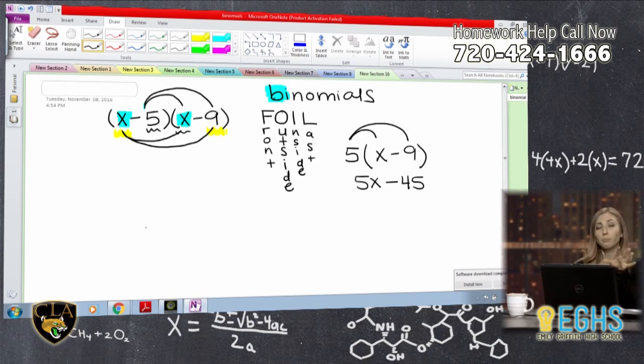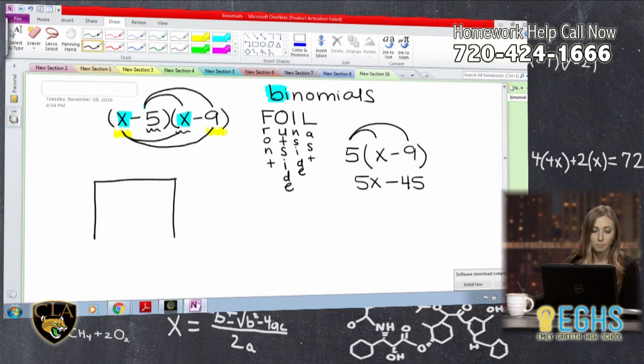Now, this strategy, perfectly fine, nothing wrong with it. However, my only issue with it is that it only works for binomials, if we have 4 things that we have to multiply. I choose to use a different method whenever I multiply binomials, and that's called the area model.